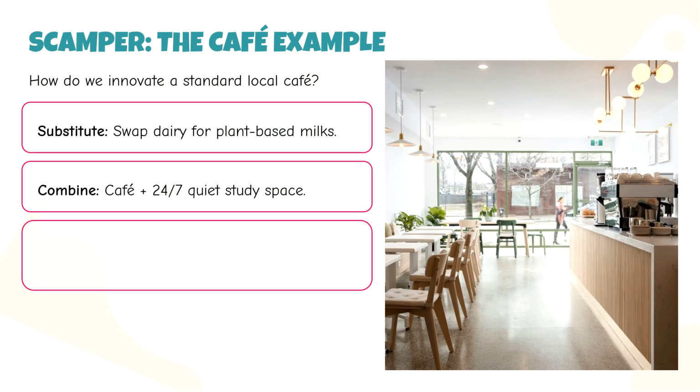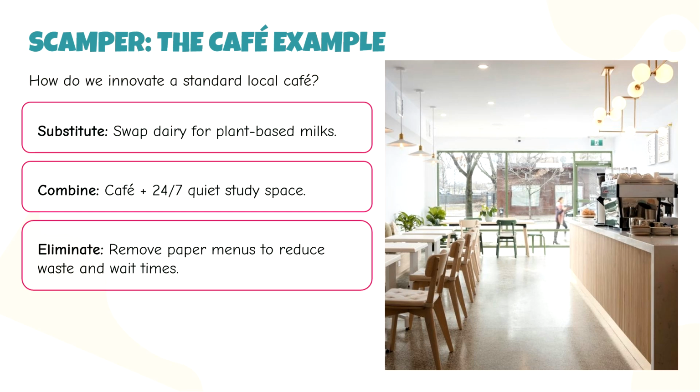By combining the cafe with offering 24/7 quiet study space, we are providing a different environment to customers. Eliminate. The cafe could remove paper menus to reduce waste and wait times. This helps customers who are more sustainability oriented.